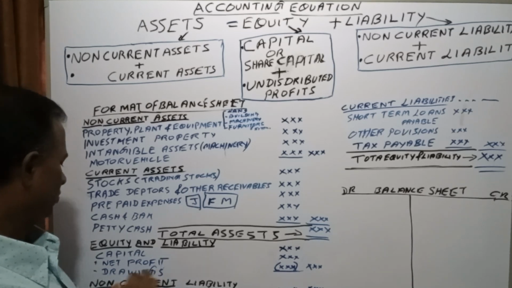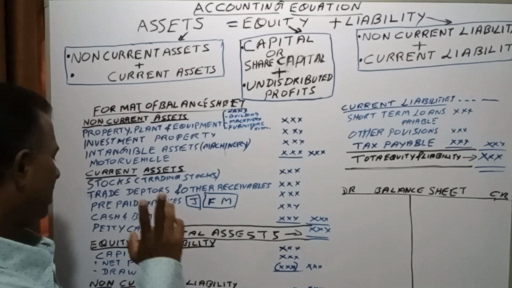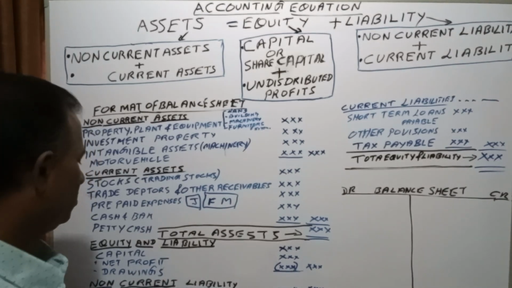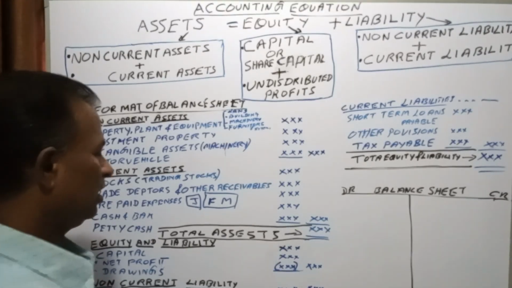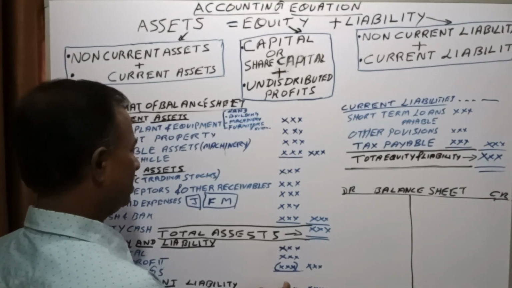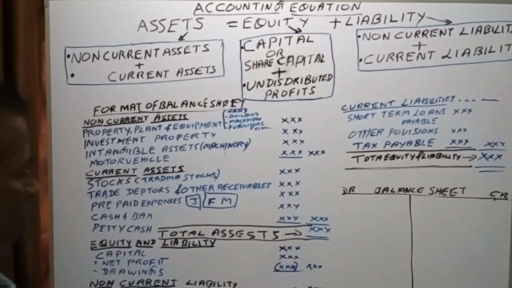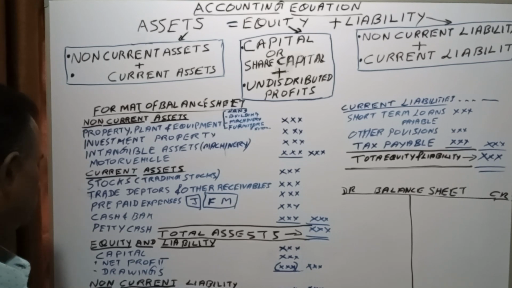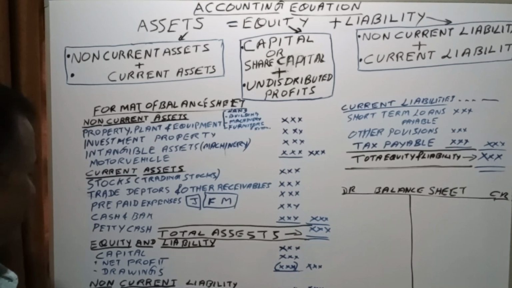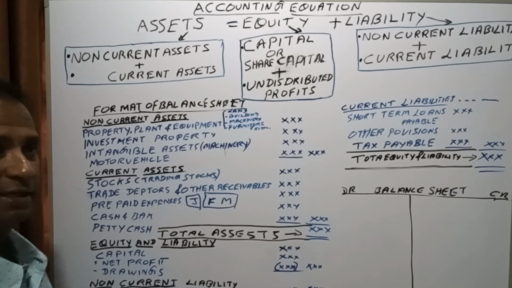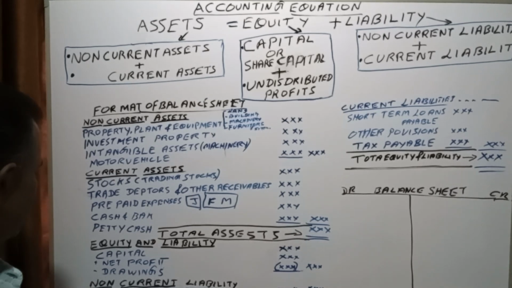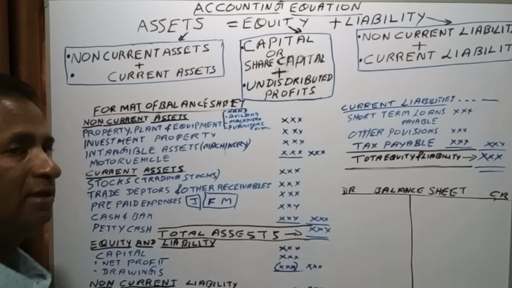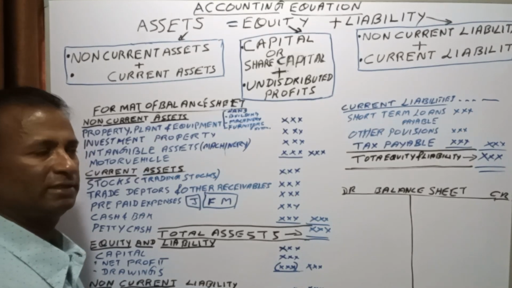Next, we can move to the non-current liabilities. Non-current liabilities, in the sense of bank loans, long-term bank loans, come under the non-current liabilities, right? Next one, current liabilities. Under the current liabilities, trade creditors come. Who are the trade creditors?